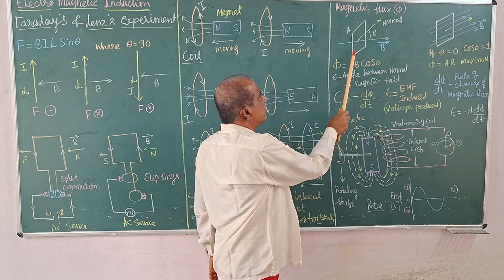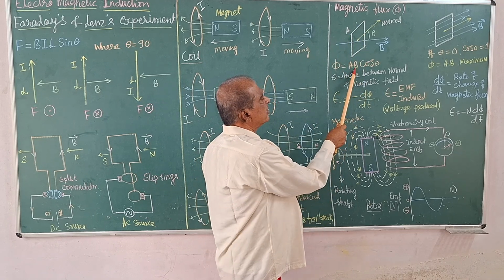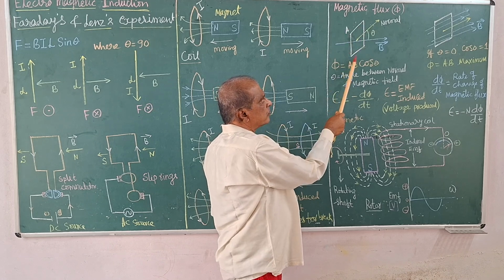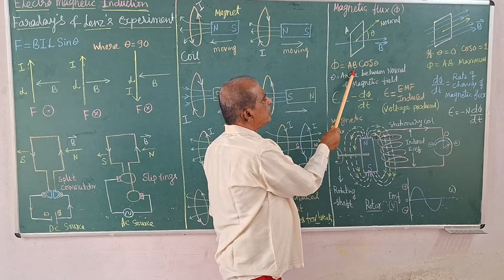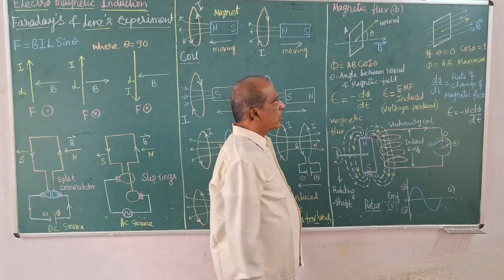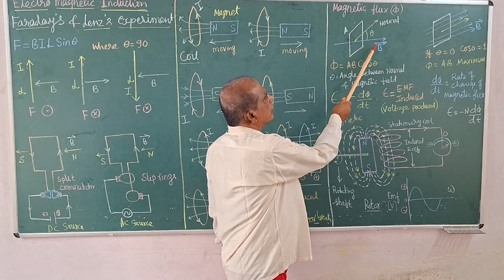B is the strength of the magnetic field. And theta is the angle between the area vector and the magnetic field.